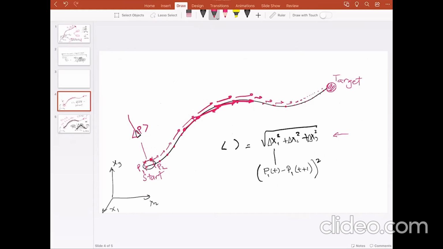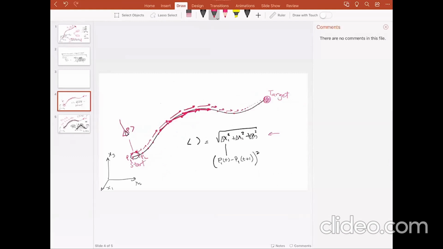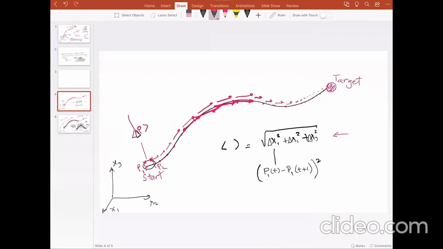So any questions about that? So that's how we compute. We go from position data to speed data. And of course, you can take another derivative, another differentiation, right? That would be the acceleration.